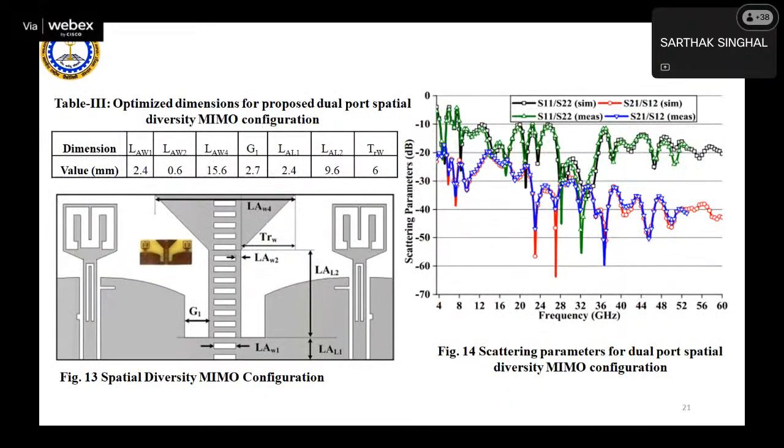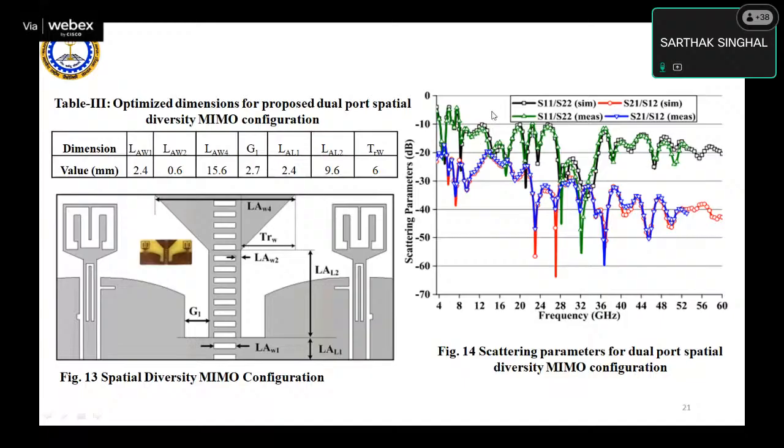Now this structure was implemented in a two-port MIMO configuration, in a spatial diversity configuration in which two elements are placed side by side in parallel and their grounds were connected, and in between, a decoupling structure was used to improve the isolation.